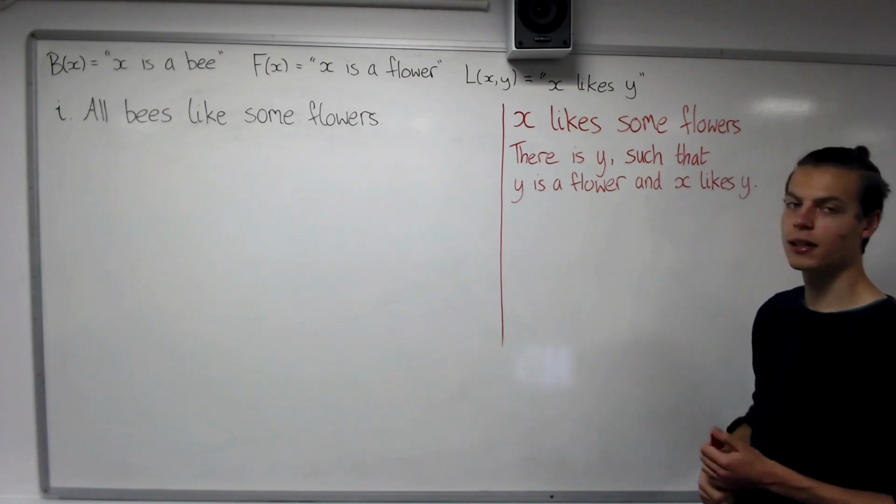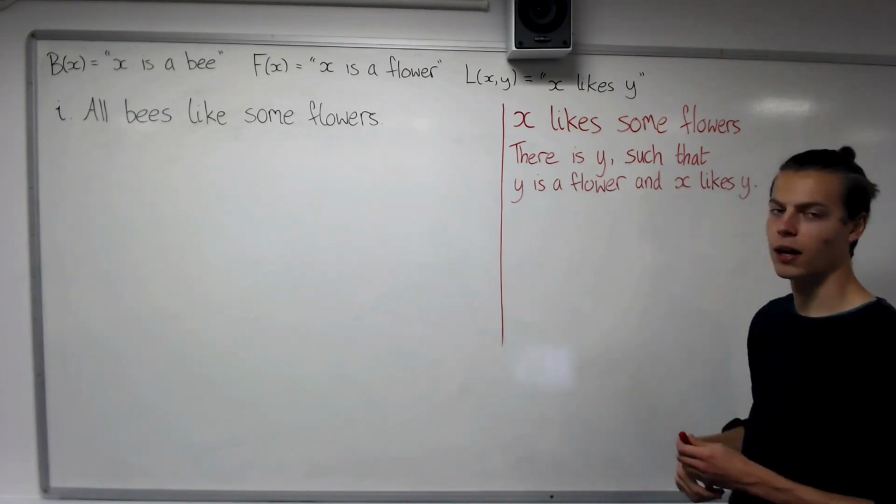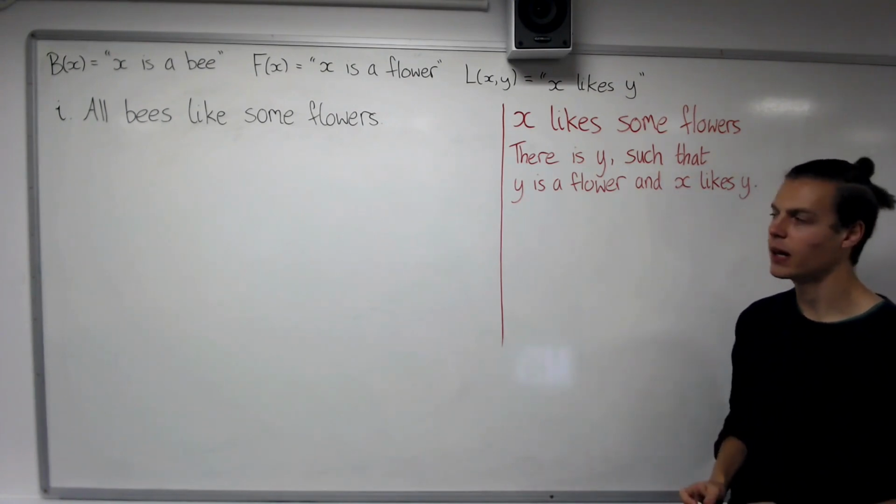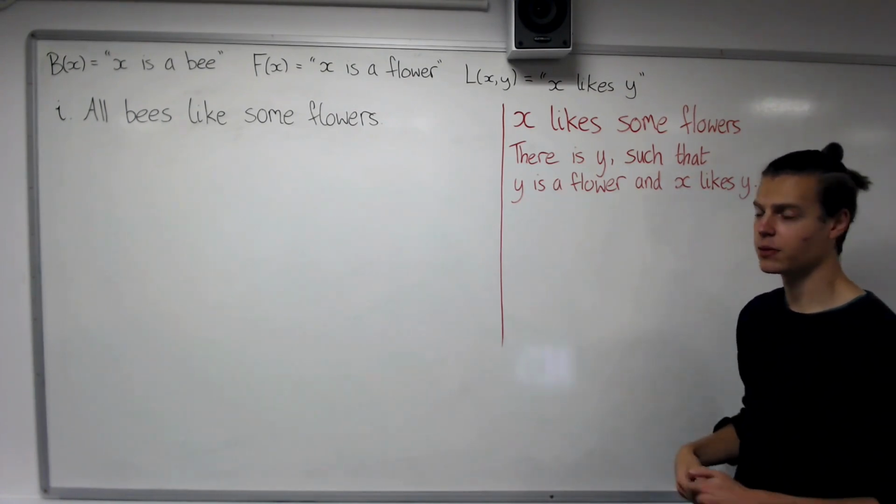Now hopefully you see that these two statements are equivalent. X likes some flowers, and there is some y such that y is a flower and x likes y. So let's translate this into predicate logic.